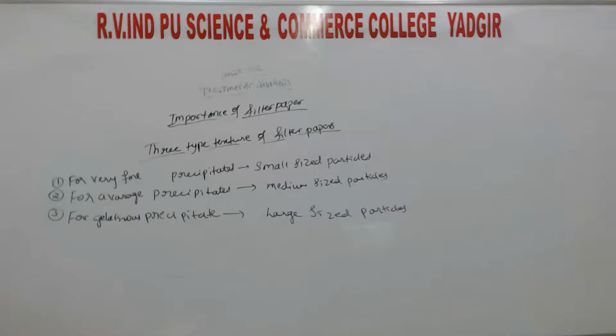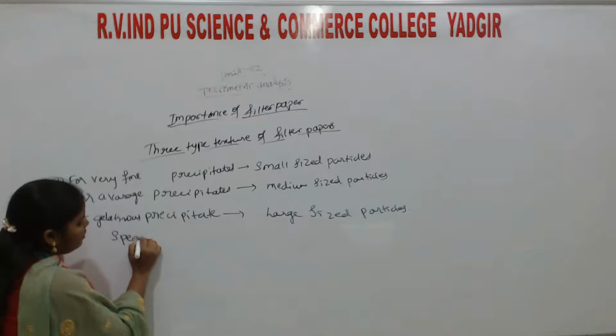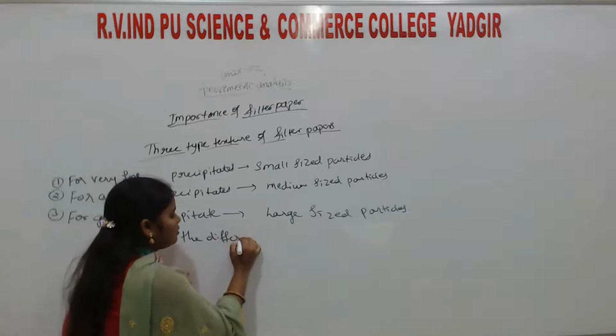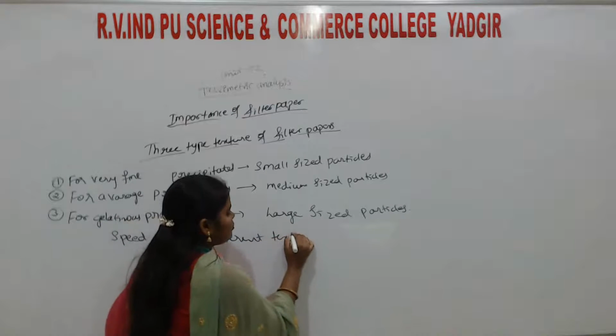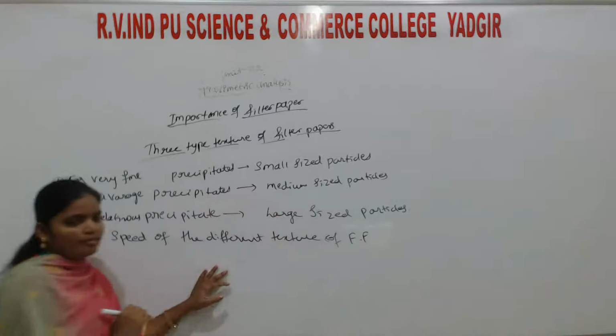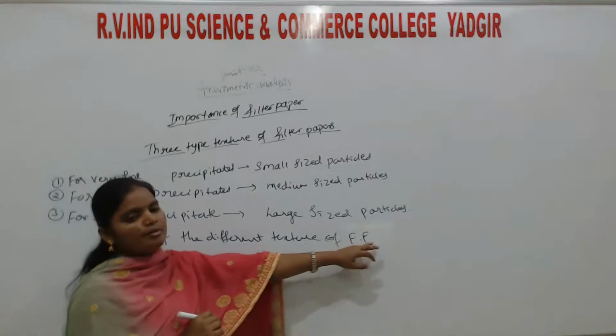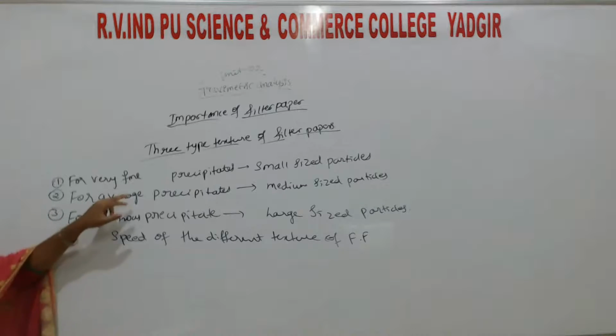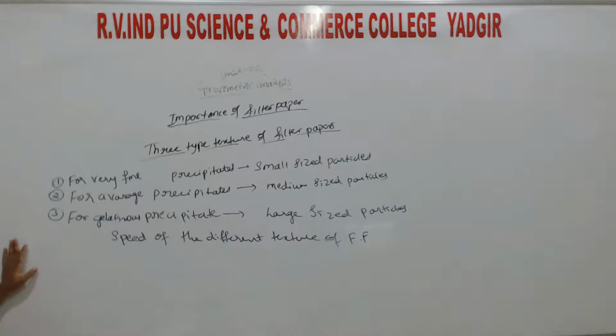And the speed of the different texture of filter paper. The first one, small size particle, is slow, that is a low texture paper.